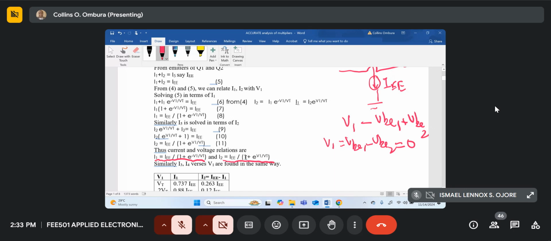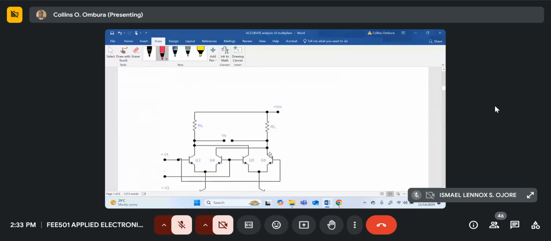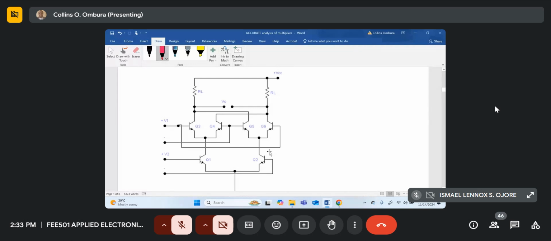Okay, so now let's go and apply these two equations to this circuit over here. So I1 is like our Q3 over here. It's like the collector current of Q3. I2 is like our Q4.